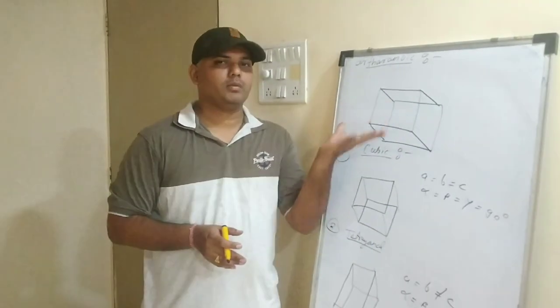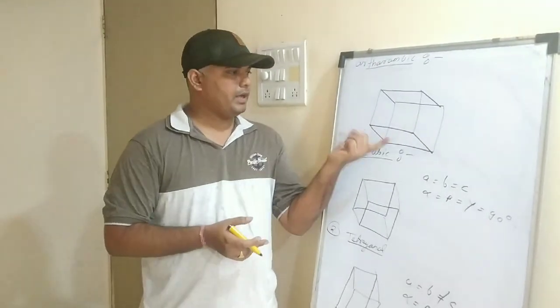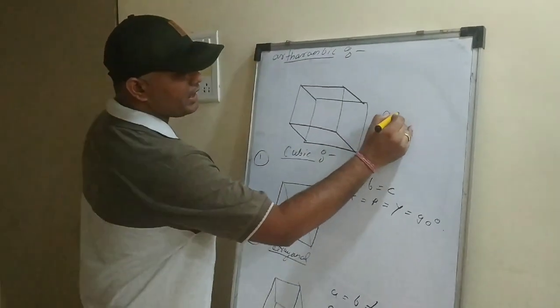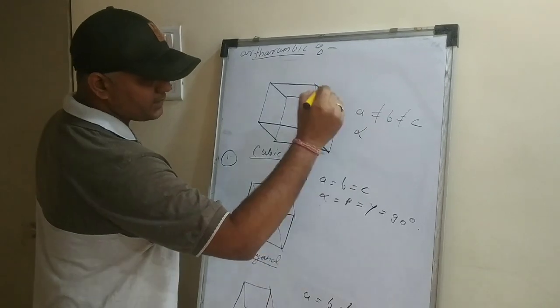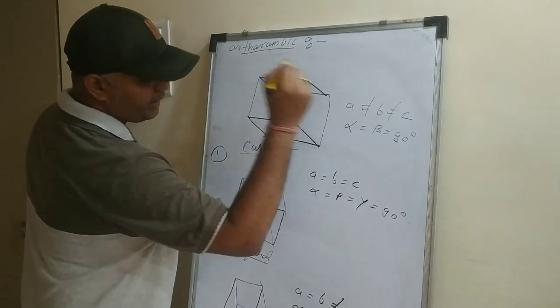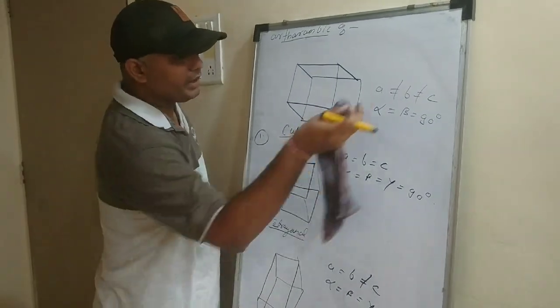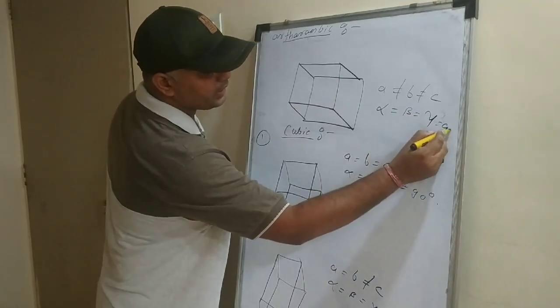So drawing them on the board is always going to be very difficult, right? Now in this case, a is not equal to b, b not equal to c, alpha equals beta equals gamma equals 90 degrees, right?